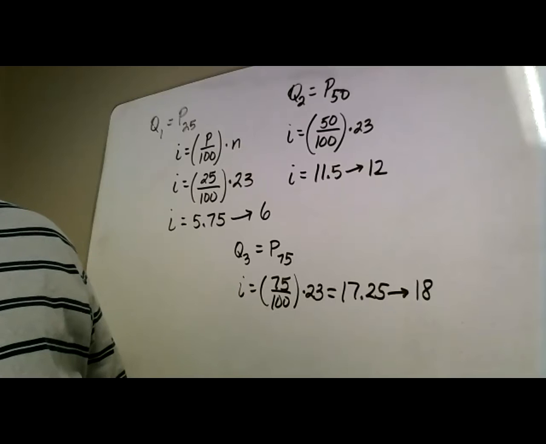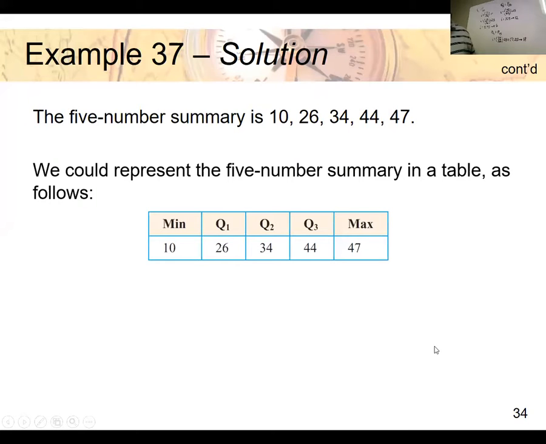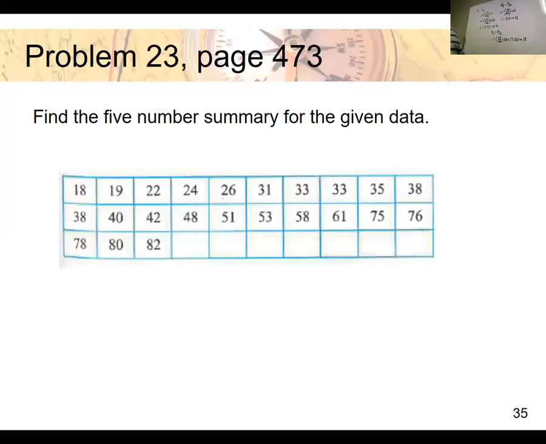All right, so now let's look at problem number 23 on page 473. Let's say I want to find the 5-number summary for this given data. And here is that entire data set.